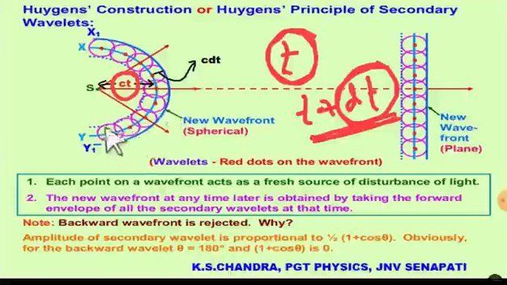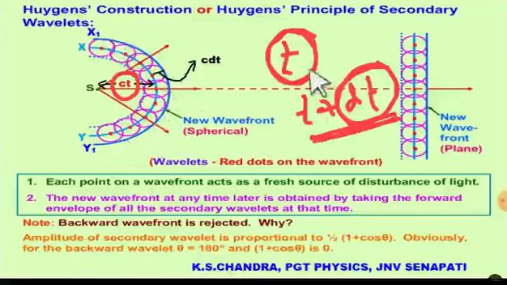Wavelets means the small waves that are disturbed by these points on the primary wavefront. So these are the secondary wavelets. If they are emitting out in all directions, and you join all those points having the same phase of vibration or oscillation, then this will be called the secondary wavefront.